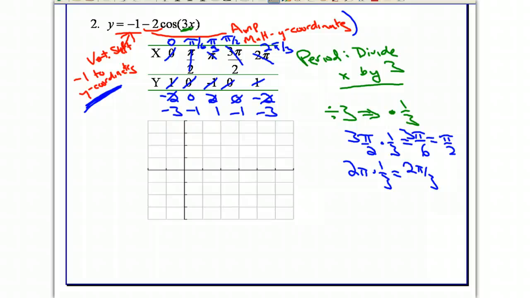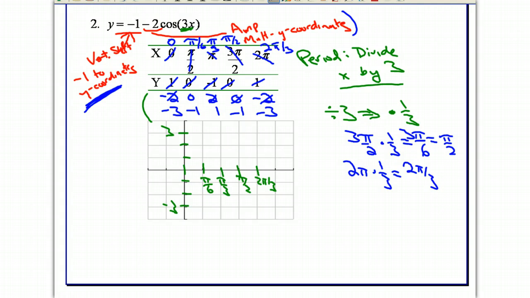Down here, my key points, I've got 0. Don't say pi halves, it was divided by 3. So it's pi 6, pi thirds, pi halves, 2 pi thirds. I look over here, I see I go from -3 to 1, so I can just count by ones. That's -3.